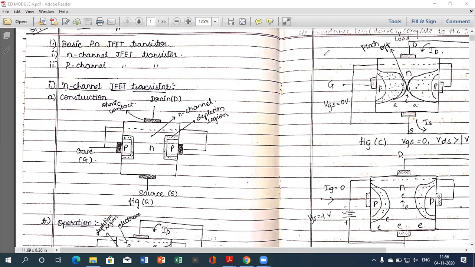I hope it is clear for everyone. If yes, just put a message in the chat box as yes. If you want me to repeat, I will repeat it, so that it is clear for everyone. Then only you will be able to understand the operation.